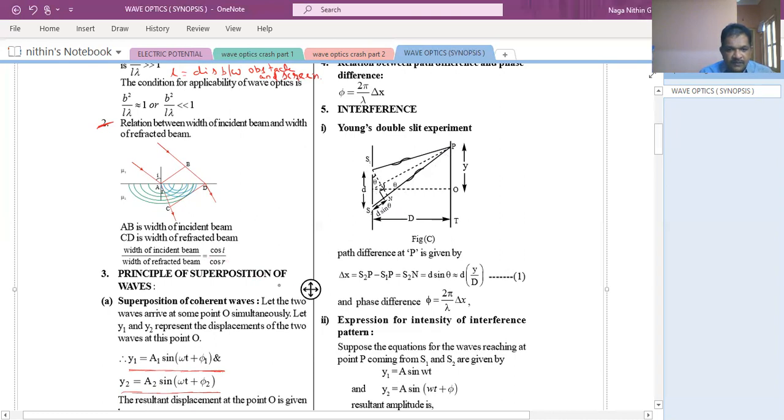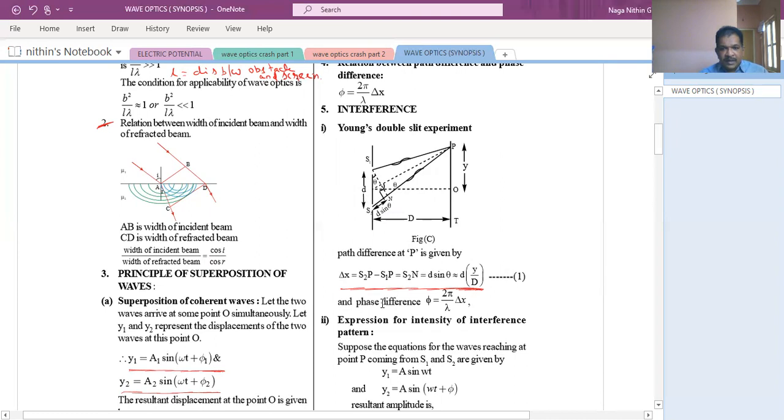The formula will be delta x is equal to d sin theta, and from this, sin theta is equal to y by D, so d into y by D. So the path difference formula in Young's double slit experiment is d sin theta, or d y by D. Small d is the distance between the two slits. Capital D is the distance between the slits and the screen. y is the distance of the point P from O.